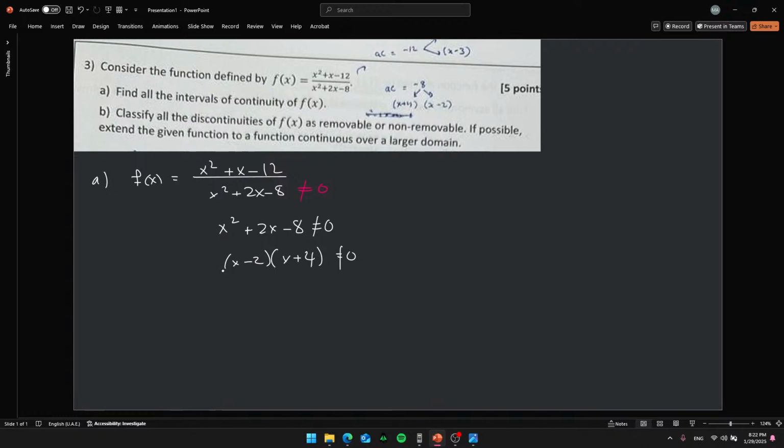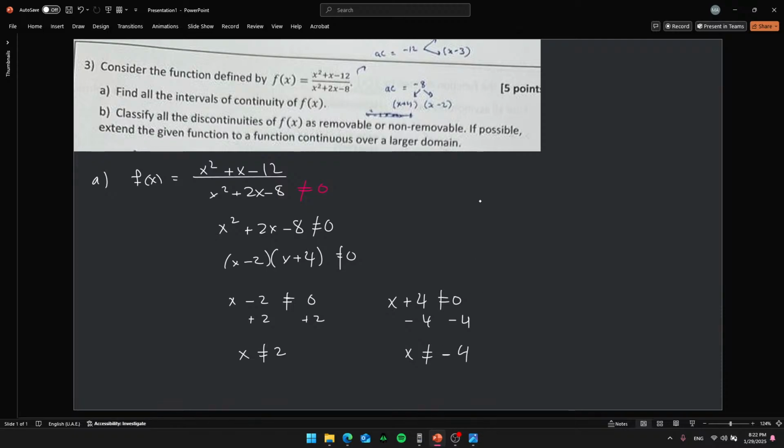Now remember the zero product property. x minus 2 doesn't equal 0, and x plus 4 doesn't equal 0. Plus 2 on both sides, x doesn't equal 2, and minus 4 on both sides, x doesn't equal negative 4.